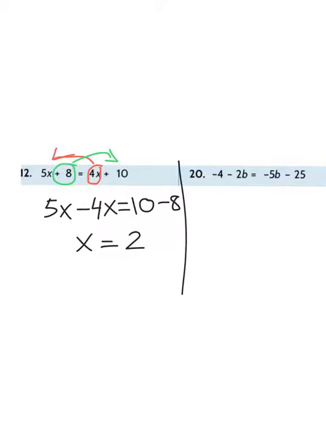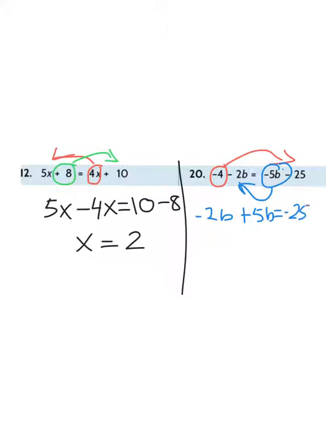On the other side, I want to move this minus 4 across. And I also want to move this minus 5b across. So doing that, I get minus 2b. Minus 5b moves across and becomes plus 5b is equal to minus 25.